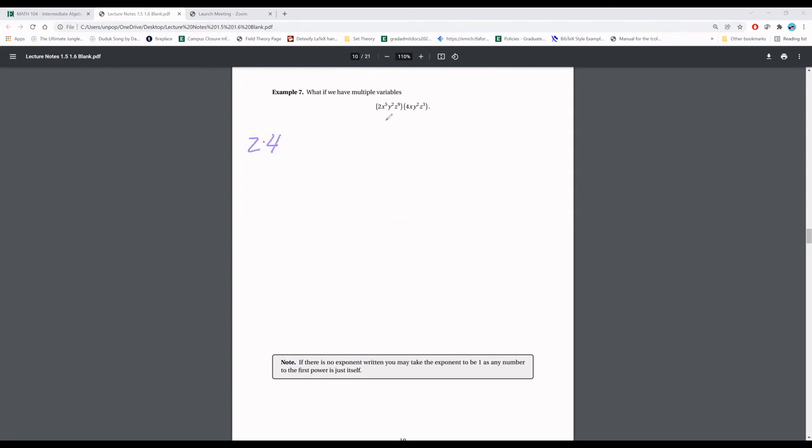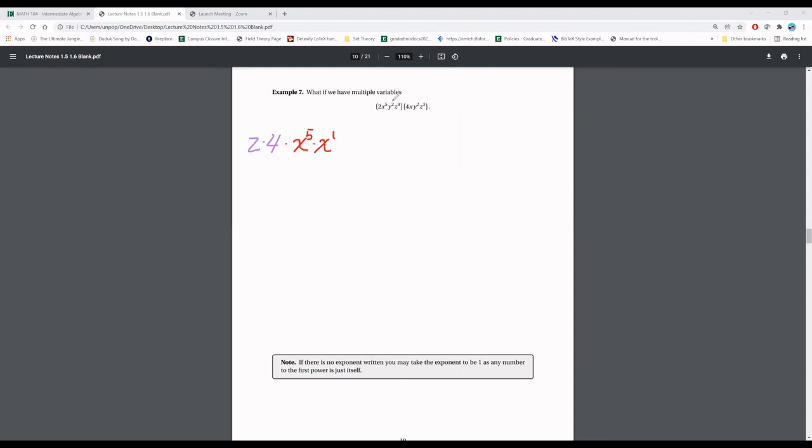So 2 times 4, those are my numbers. I have x's, so I have x to the fifth and x, just x. Now, note, if no exponent is written, I can write 1. X to the first power is the same thing as x. So if there is no exponent, I take that exponent to be a 1.